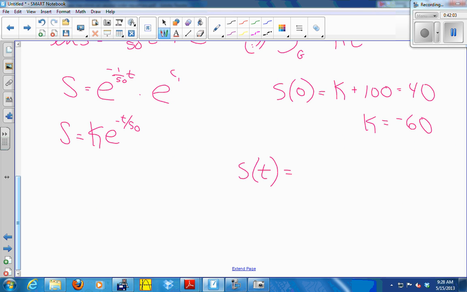So S of t is negative 60 e to the negative t over 50 plus 100. And then you can plug in the 10 minutes. Plug in 10 for t, and you end up with 50.88 gallons.